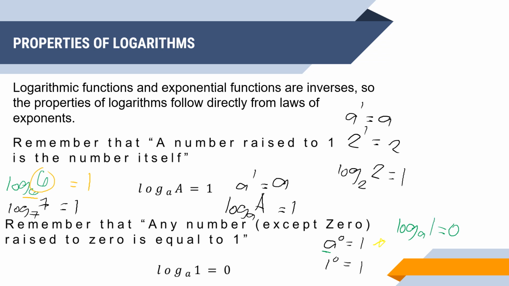So every time you see this pattern, any base and then after the base you have 1, it will always give you 0. For instance, log of 1 with base 2 is just 0. Log of 1 base 20 still gives you 0. These are the different properties of our logarithmic expressions.